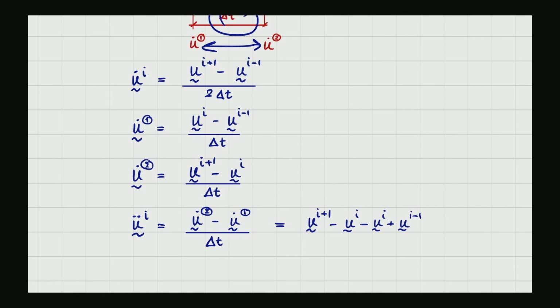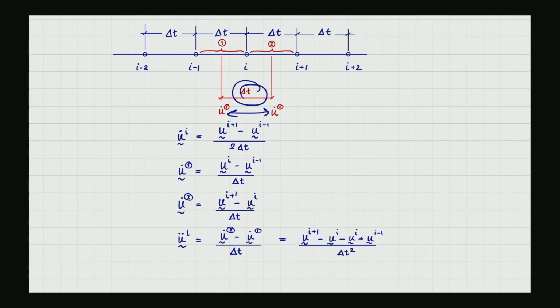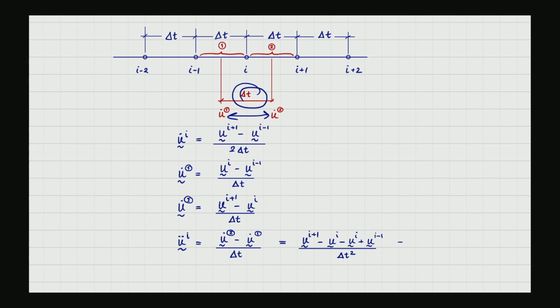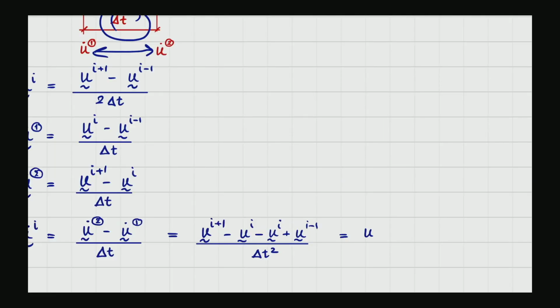And this is divided by the delta t, and then it comes down here, so it has another delta t, right? So it is the delta t square. And that will be nothing more than just the ui plus 1 minus 2 ui plus ui minus 1 over delta t square.